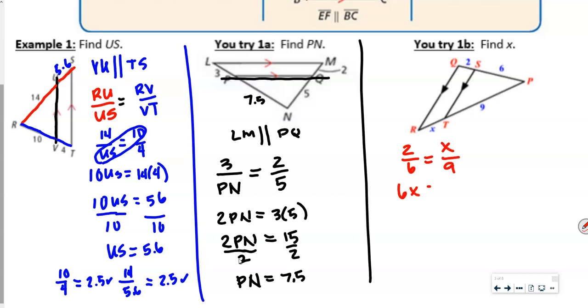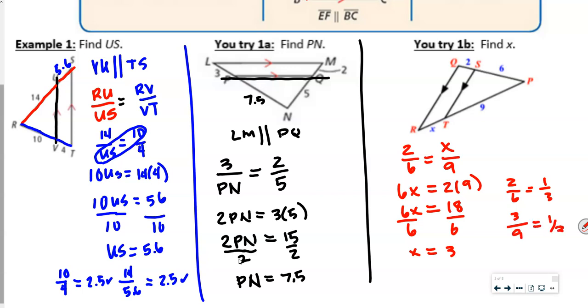That's 6X is equal to 2 times 9, 6X equals 18, divide both sides by 6, so X equals 3. So once again, 2 over 6, which is equal to 1/3, equals 3 over 9, which is also equal to 1/3. Remember, that's the way we check it.